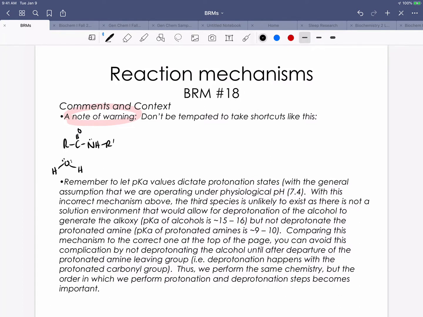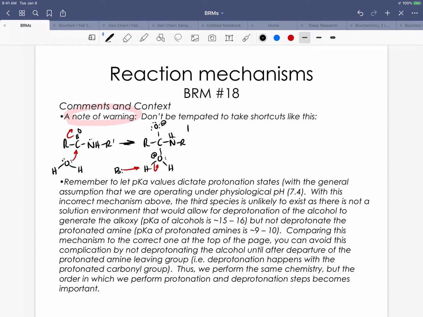So even though it's not necessarily incorrect to think about water acting as a nucleophile and doing some chemistry here, generating this alkoxy intermediate here, if we continued with this mechanism the way we saw on the previous page, we would say, well, we don't want our incoming nucleophile to be a good leaving group, so we need to deprotonate it.